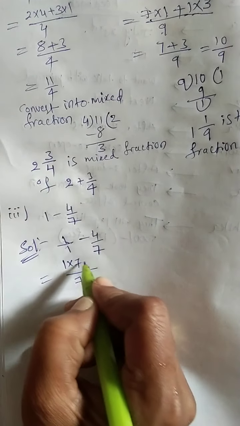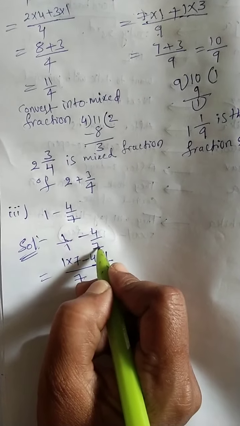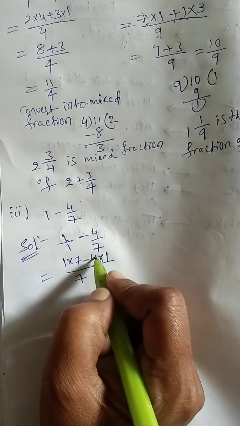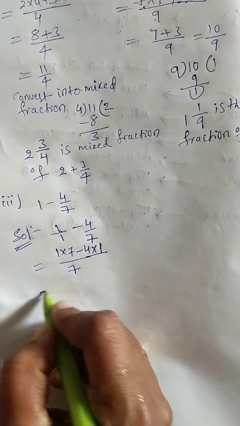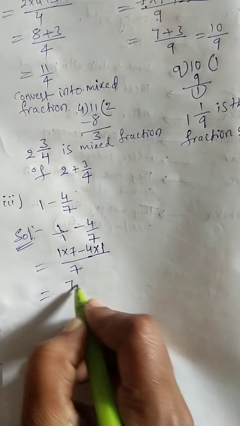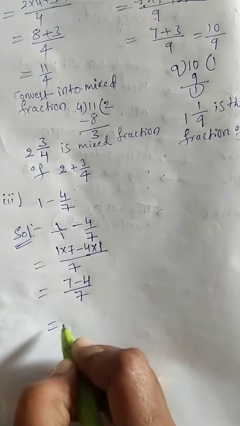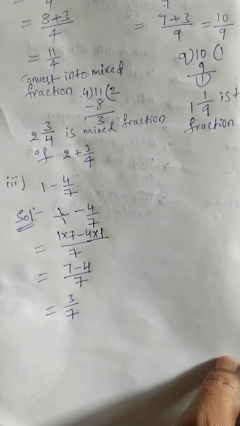So 1 into 7 minus 4 into 1. Here the denominator 7 is there. 7 in 7, one time it will go. So numerator 4 into the number of times it will go. We should write 7 1s are 7, 4 1s are 4 by 7. 7 minus 4, 3 by 7.